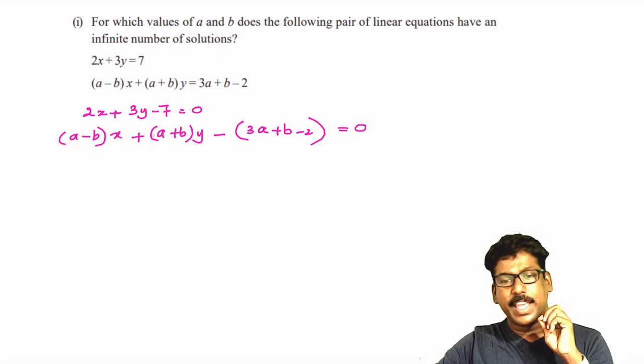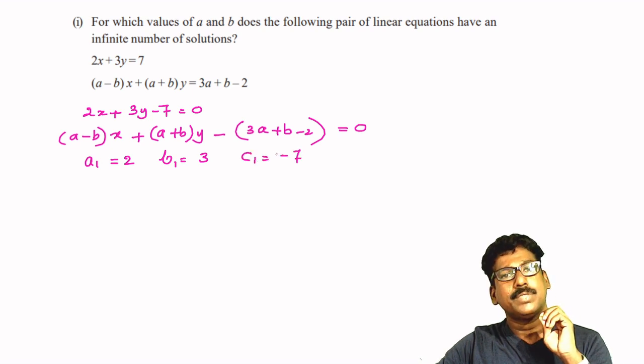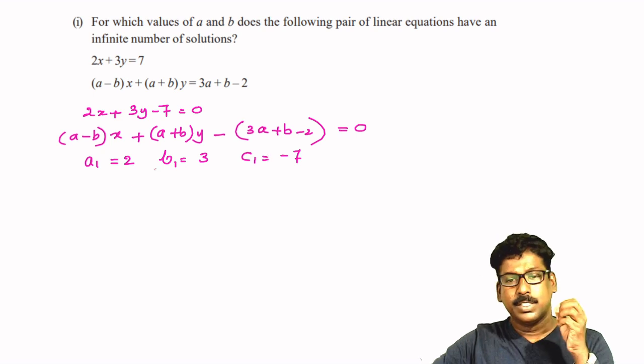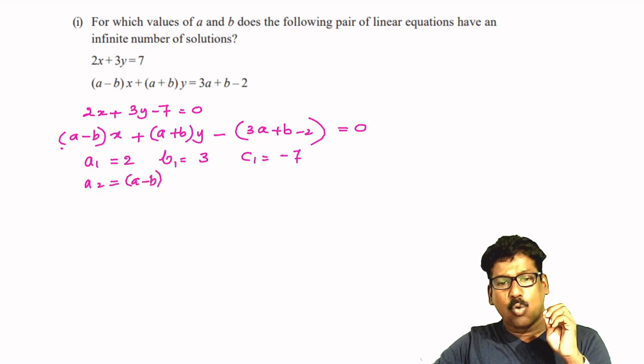Now what is a1, b1, c1 here? a1 means the coefficient of x, that is 2. What is b1 here? Yes, it is 3. And c1 you can write as negative 7. Similarly, can you say what is a2, b2, c2? Yes, a2 is a minus b, the coefficient of x.